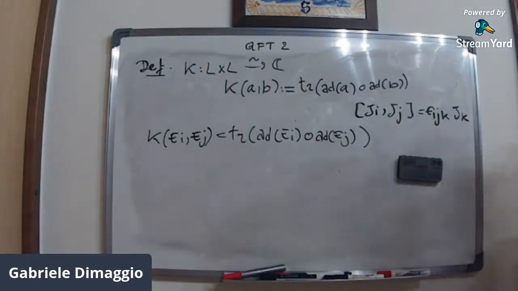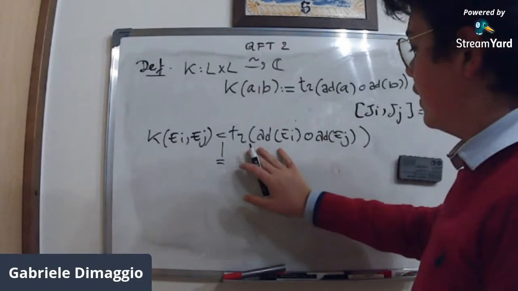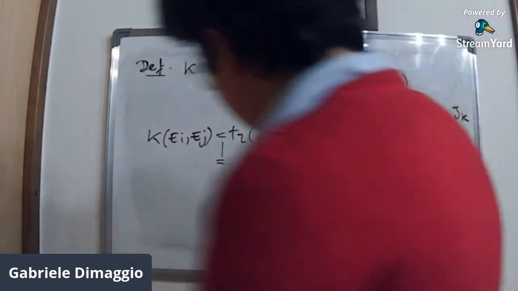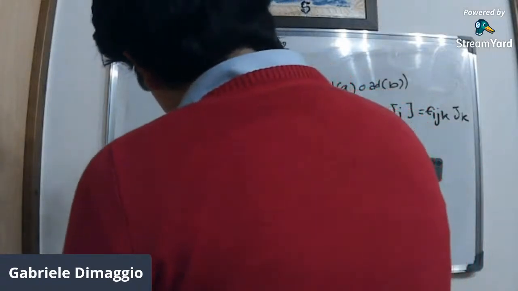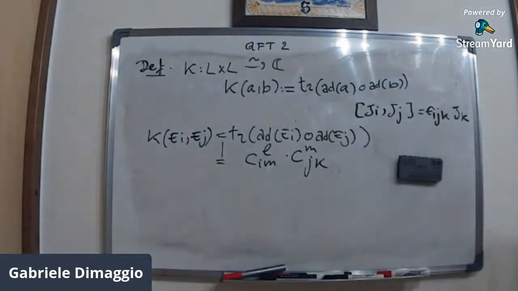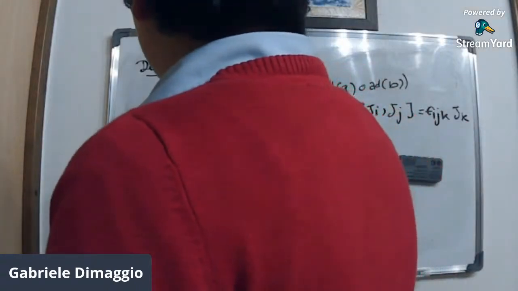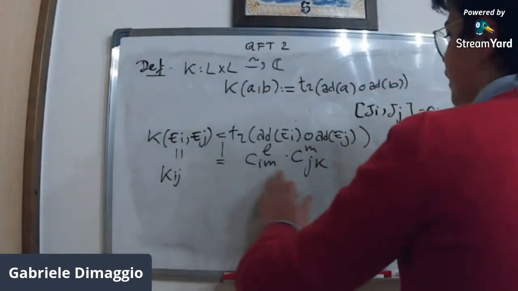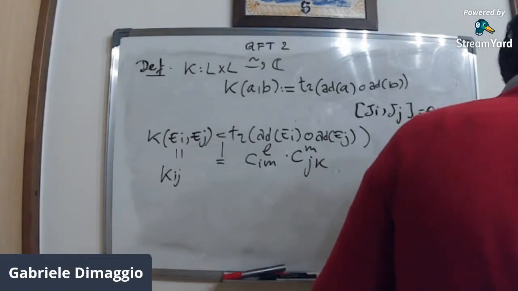Because I just calculated the components of the adjoint map, in this case I have the multiplication between two structure constants, c^l_im times c^m_jk. So I have that this is equal to K_ij.